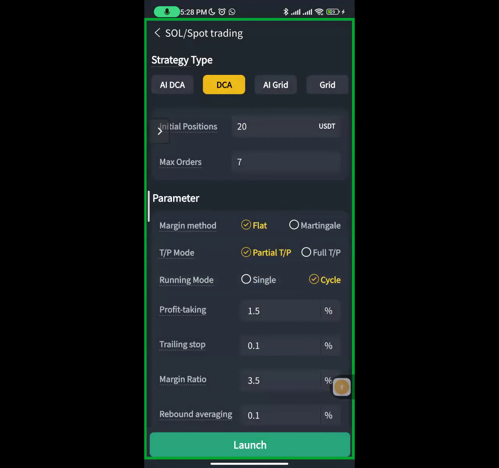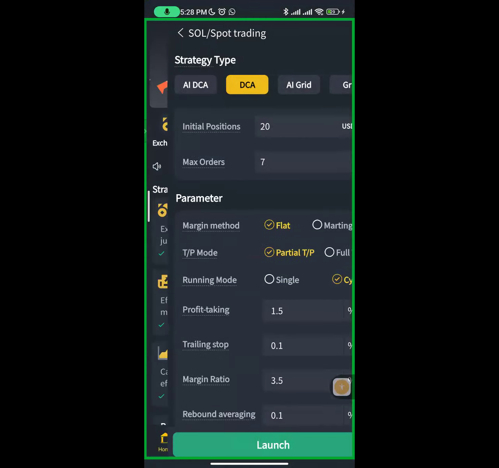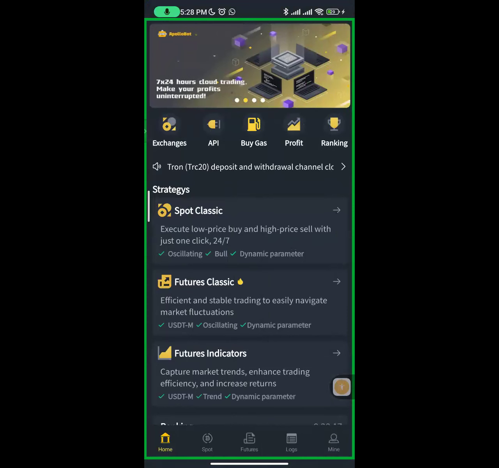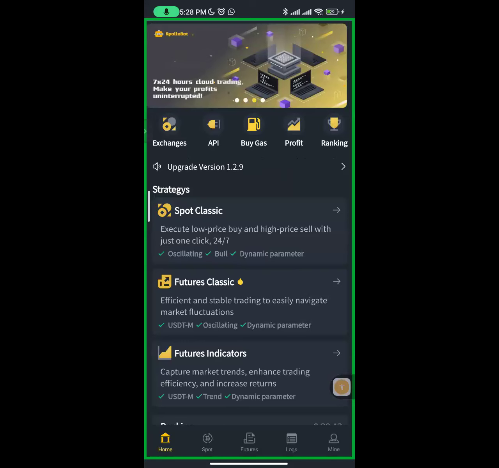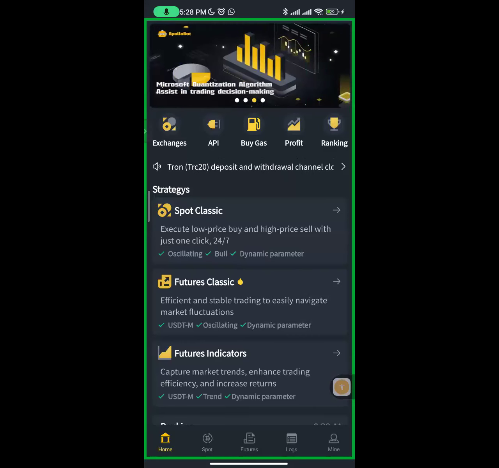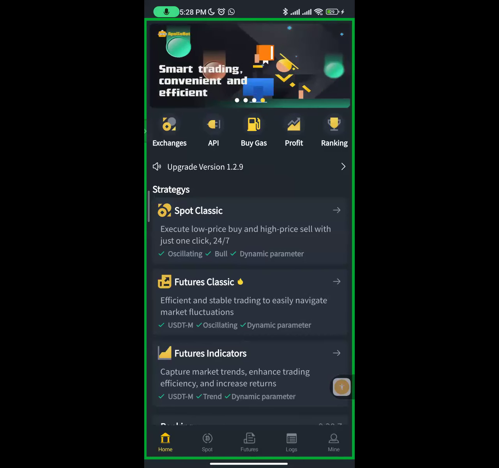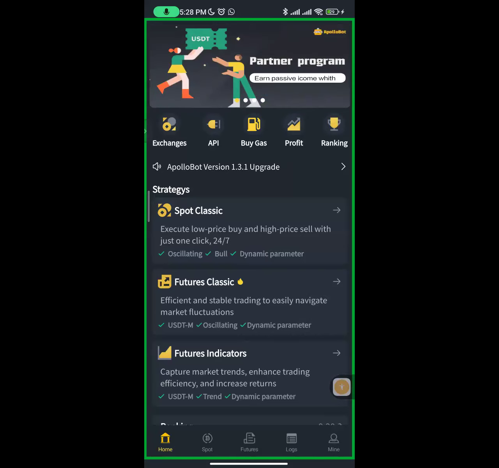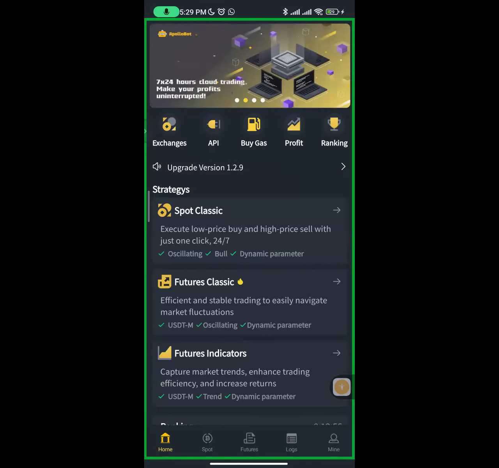Okay, so this is how you make use of this robot and you keep earning every single day. Now, the return on investment, you want to know what's the return on investment? Of course, every month, if you're maximizing the robot according to your capital, you're getting nothing less than 20% to about 50% of your trading capital every single month.